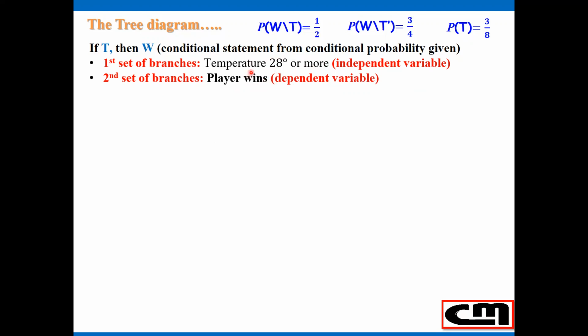Of course, by trying to identify the dependent and independent variable, you notice that if you don't do that, you will never get the correct probability to fill up your tree diagram. That is the idea, because this is what is given. And you can even try it: you interchange, you take temperature 28 degrees or more as your dependent variable, then it will occupy the second set.